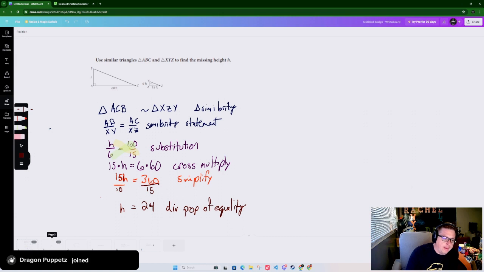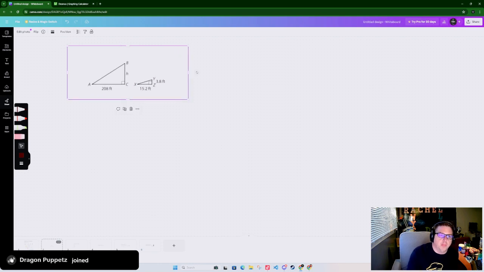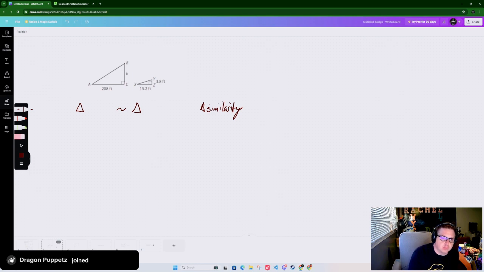So go ahead, try this problem. I'm actually going to leave this one alone for my students, but same setup. So we talk about triangle similar to triangle. I'll give you the triangle similarity statement. Okay, so when we look at this, once again, start at that right angle. The right angle is sometimes the easiest one to follow, and we're going to come away and go up to the top.